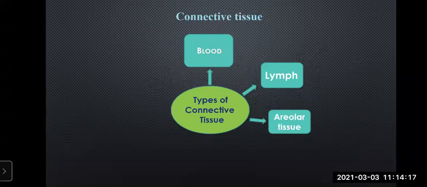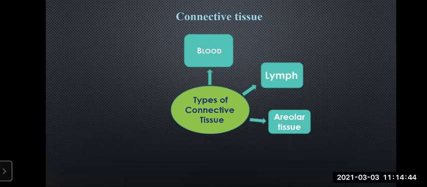Next is areolar tissue. Now this is a gelatinous connective tissue because the matrix is made up of gelatinous substance. It is also known as fibrous connective tissue because it contains different types of fibers, like yellow fiber, which is known as elastin fiber, and white fiber, which is made up of collagen protein.